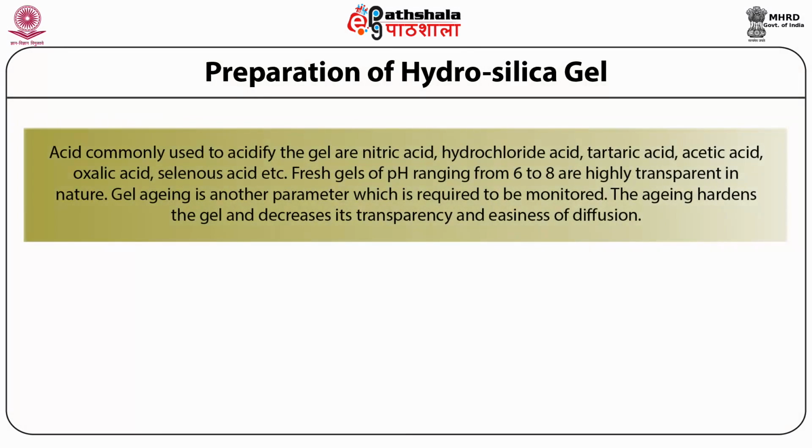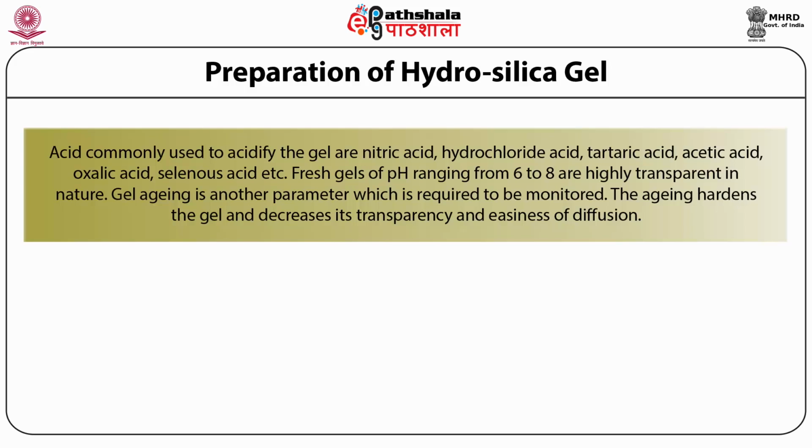Acids commonly used to acidify the gel are nitric acid, hydrochloric acid, tartaric acid, acetic acid, oxalic acid, selenous acid, etc. Fresh gels of pH ranging from 6 to 8 are highly transparent in nature.